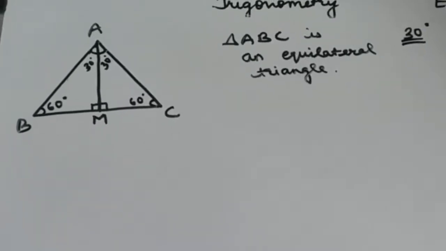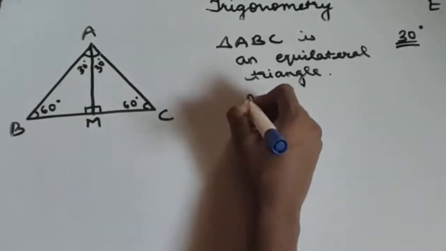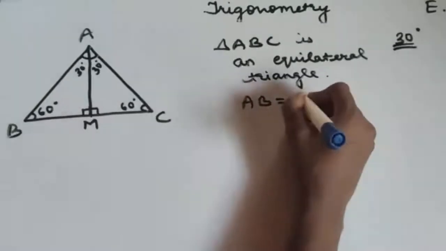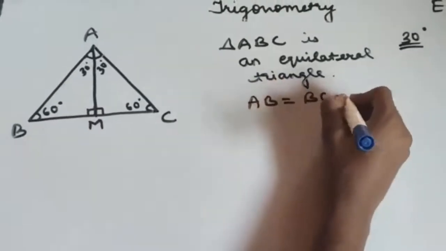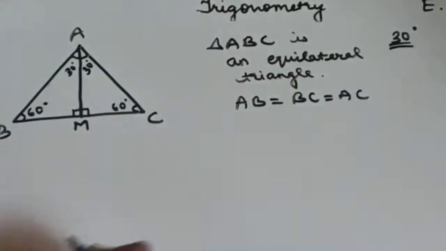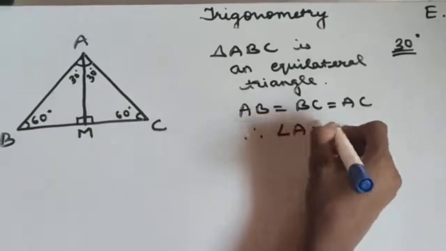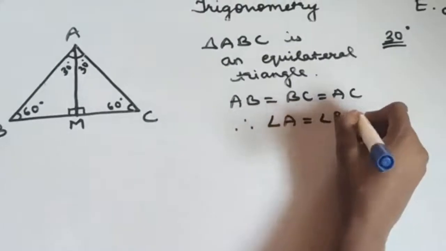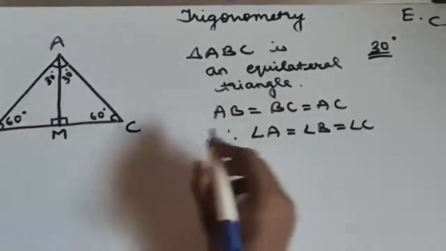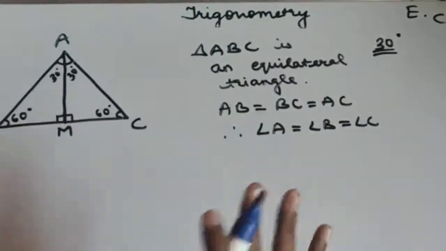If all the sides are of equal length, that is AB is equal to BC is equal to AC, that means angle A will be equal to angle B and angle B will be equal to angle C. That means all the angles will be of same measure.